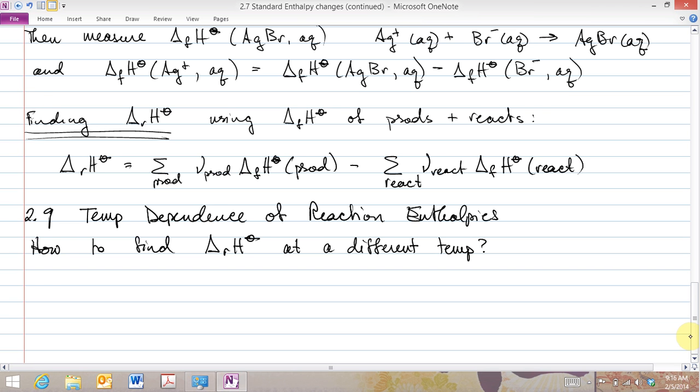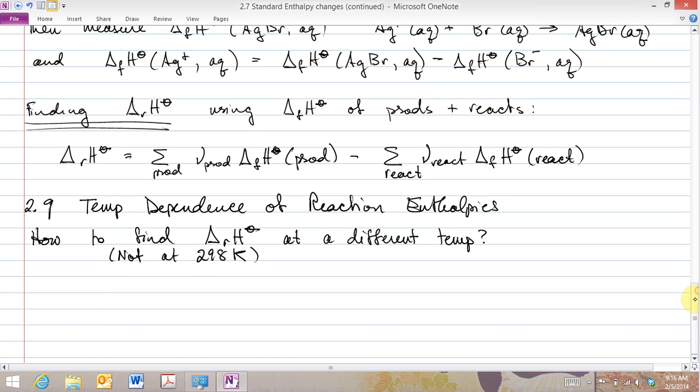And in particular, when we talk about what the standard enthalpy of a reaction is at a different temperature, that means at a temperature that is not 298 Kelvin, which is where we usually calculate the standard enthalpy.